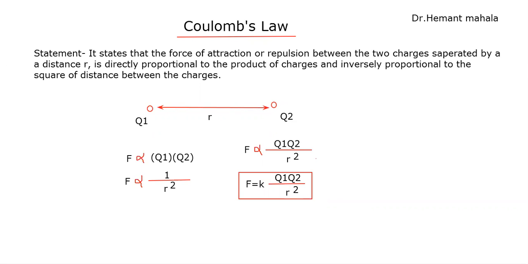Now for this constant K, the value of the constant K is 1 by 4 multiplied by pi multiplied by epsilon naught.